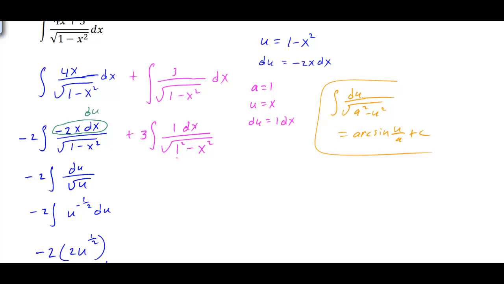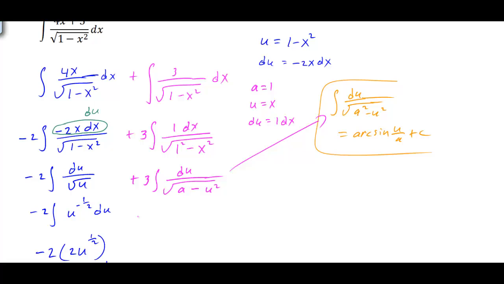And again, this is 1 squared, so our a is 1, so a squared minus u squared. So at this point, if we do the actual substitution here, then we'll see that we have our 1 dx is simply our du over the square root of a squared minus u squared. So we certainly match up exactly with our formula over here.